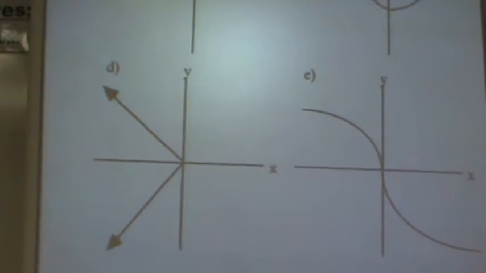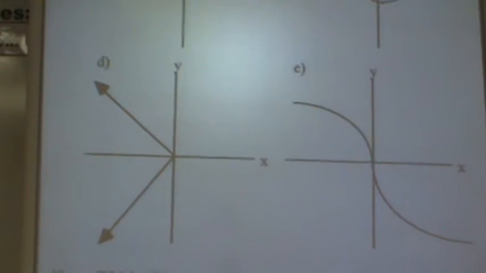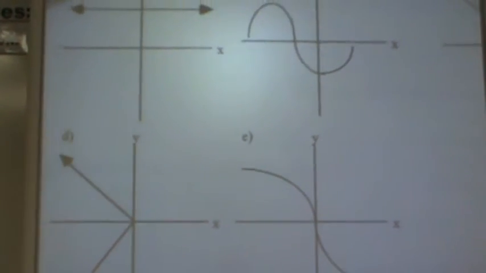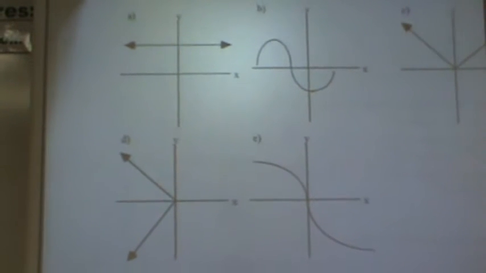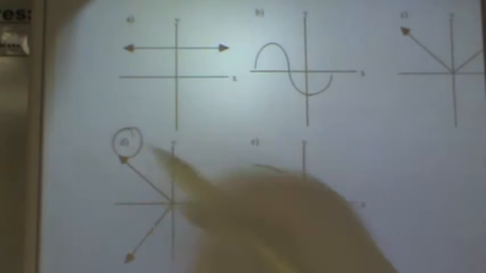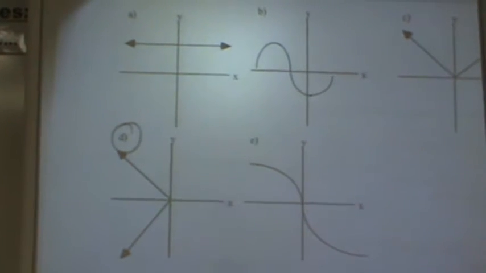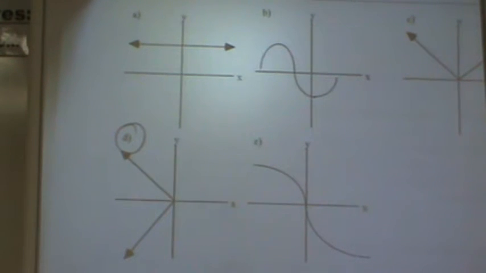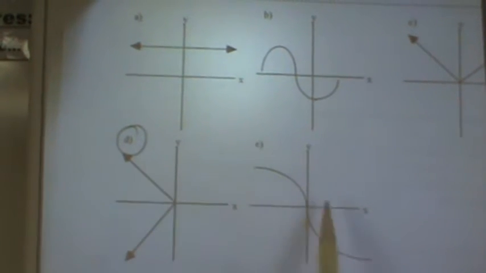For 49, which of the above graphs is not a function? So you want to look and see which one does not pass the vertical line test. The one that does not pass the vertical line test is D. The ones that have an inverse function are actually D and E, because they pass the horizontal line test.